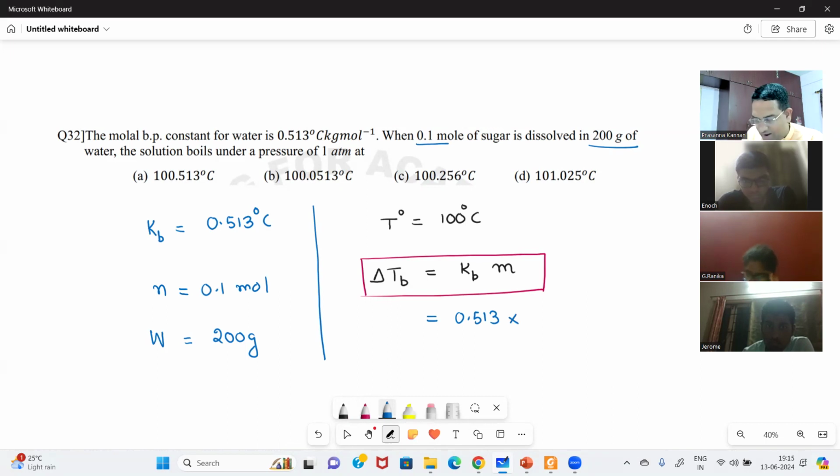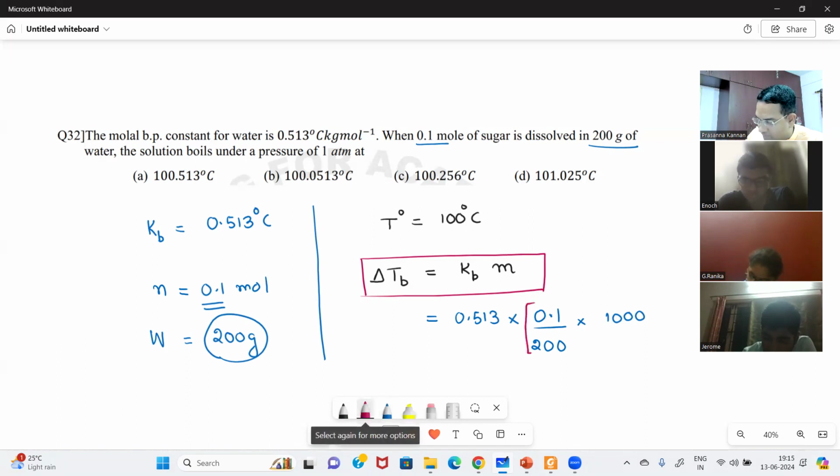What is molality? We have the number of moles, which is 0.1, divided by the weight of the solvent. It is given in grams, 200, so you need to multiply by 1000, because it is per kg of the solvent. So this will give you molality.